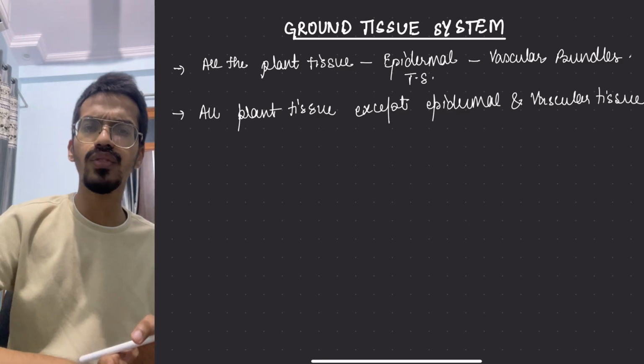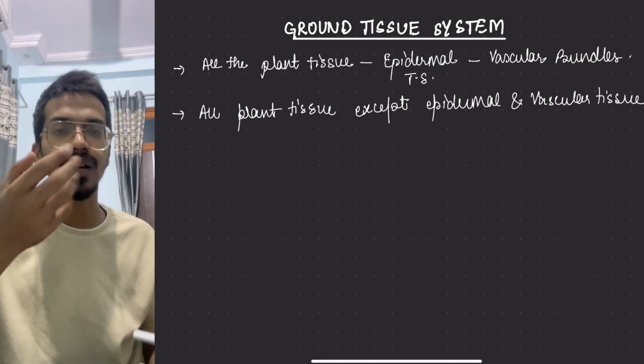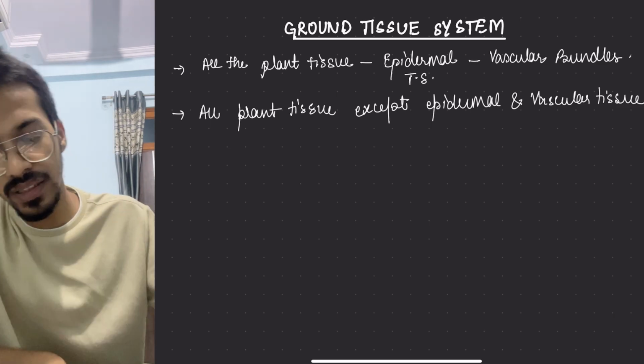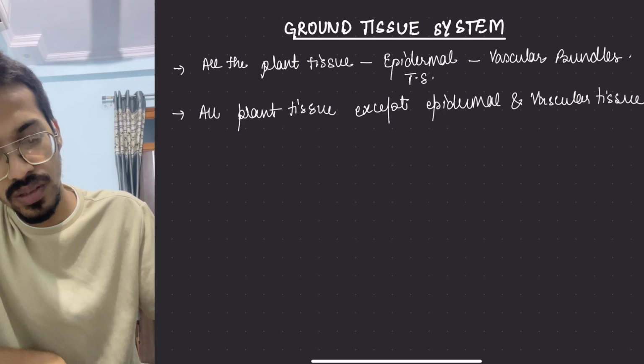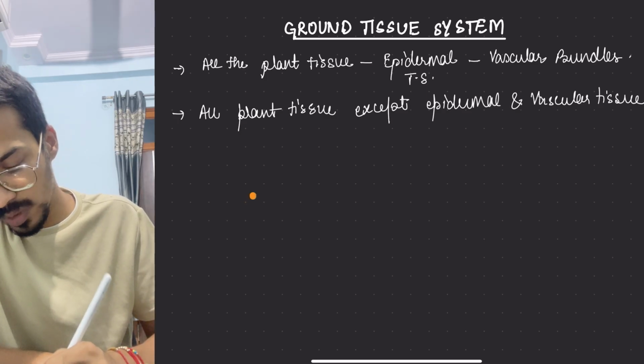Now if you see what basically happens, a lot of things are present inside it. How will we see it? So this is your plant.